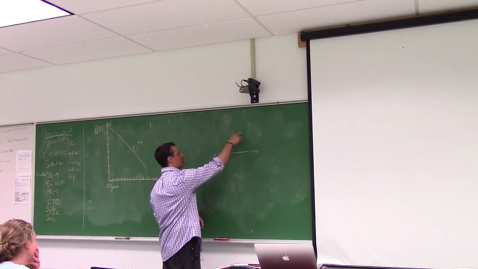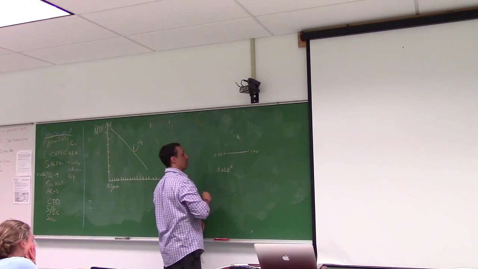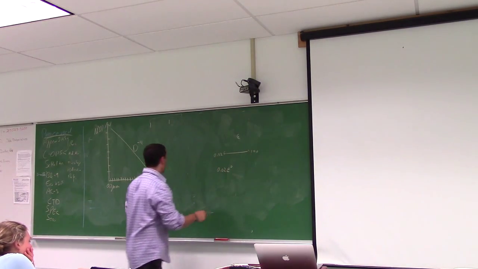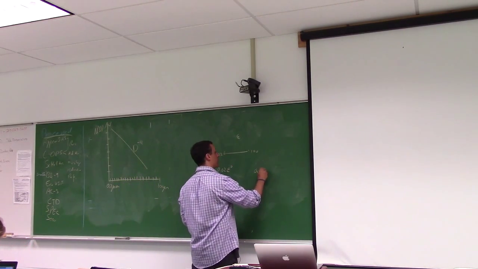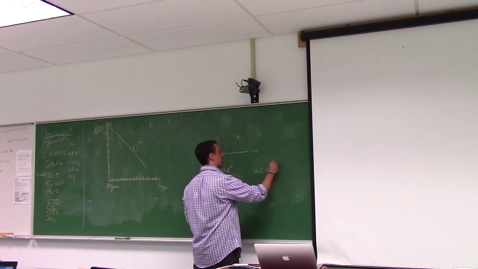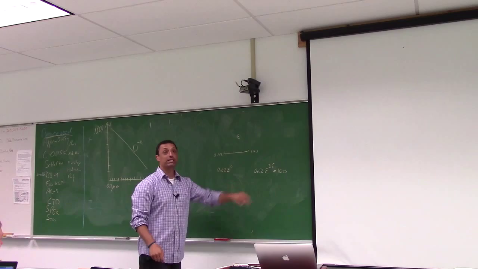When epsilon is to the 0, I'm at 0.02, but when epsilon is to the 35, I'm at 100. So 0.02 times epsilon to the 35 equals 100, and now I can find what this epsilon is going to be.